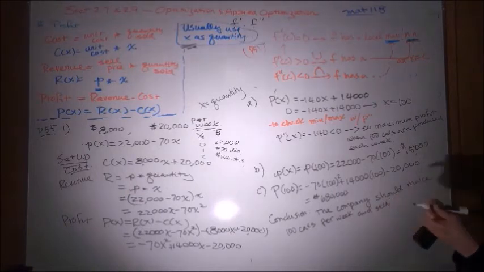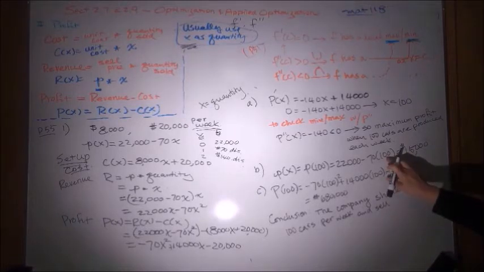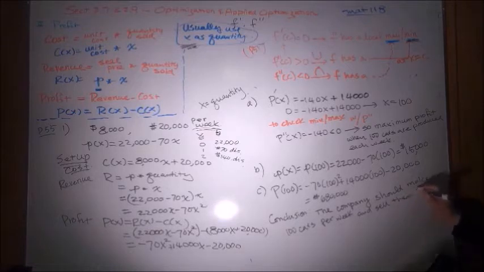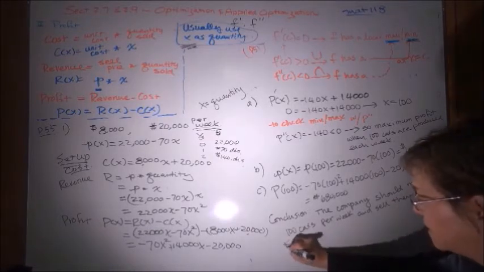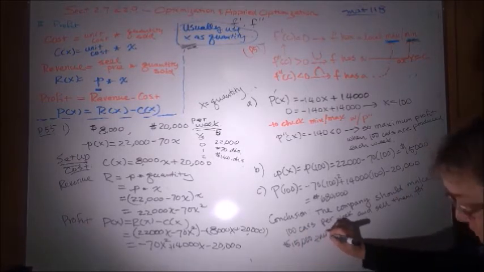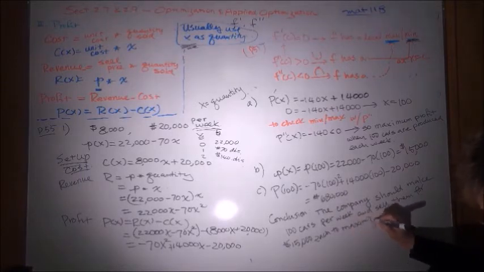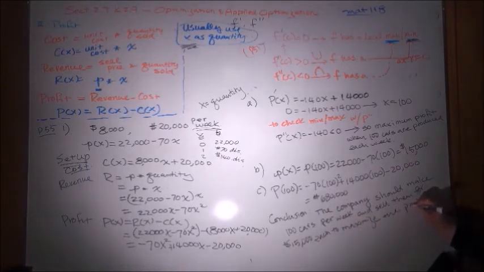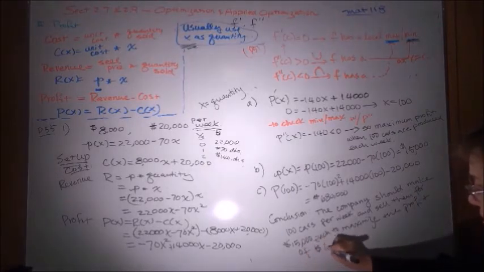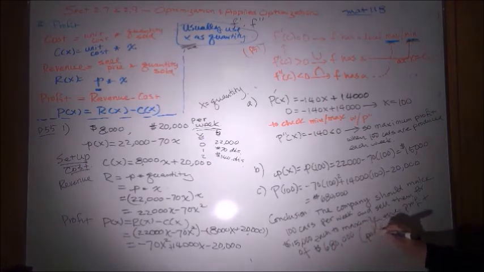If they make 100 cars, they can give $7,000 for each car discount, right? And sell them for how much? Actually, $15,000 each to maximize the profit. Actually, to how much? Profit of what? $680,000 per week, right?